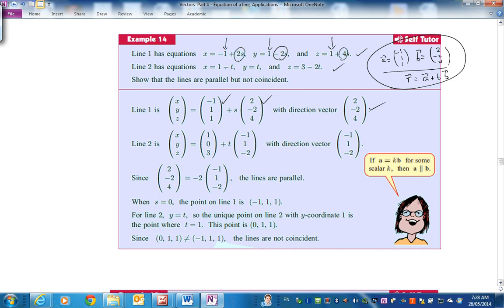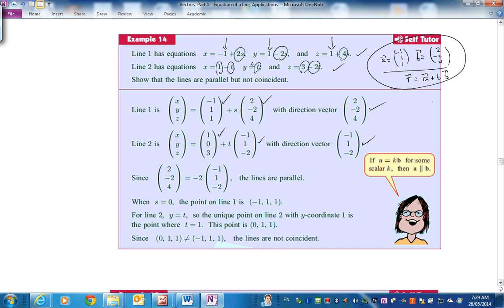And the other one was (1, 0, 3) in the front there, position vector of a point on the line, and the direction vector, (-1, 1) lot of t, and -2. Right, remember the coefficients of that parameter, because it's a number of lots of the direction vector, is the direction vector of the line.